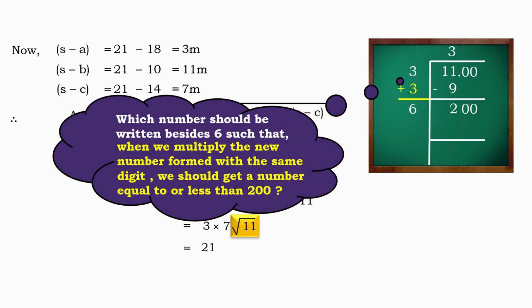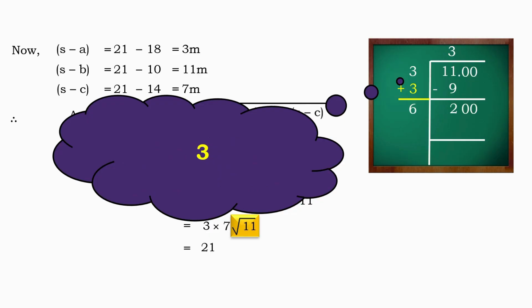So we have to put a particular digit just beside 6, and multiply the new number with that same digit only, and the result should be less than or equal to 200.